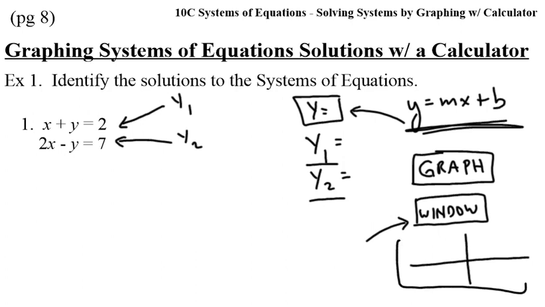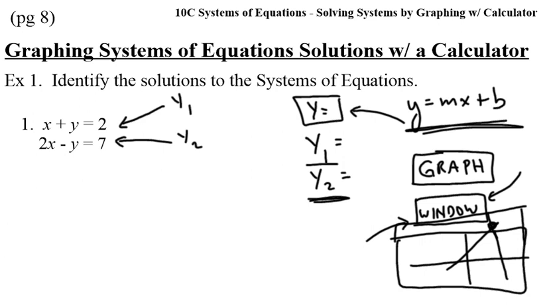Maybe your window looks like this and you see the two lines going up, but you don't see the point of intersection. You'll have to change your window display to make it bigger so that we can see that point of intersection. All of this was covered in the previous chapter.